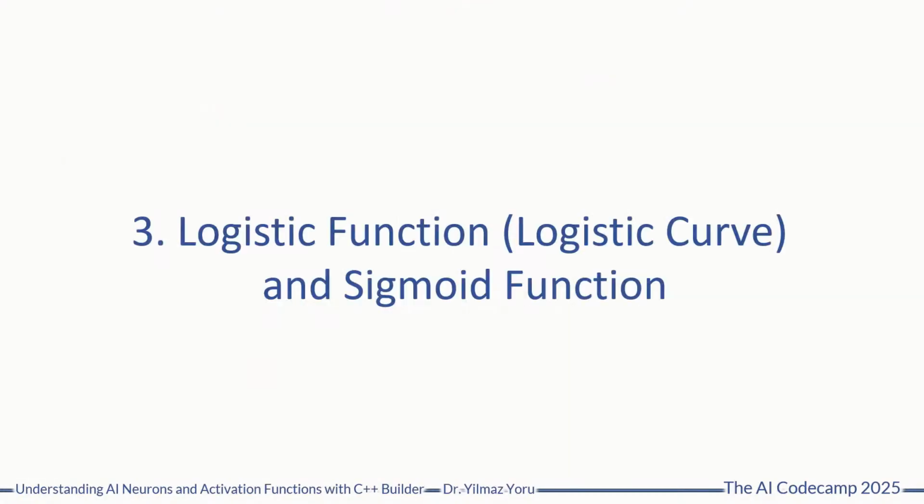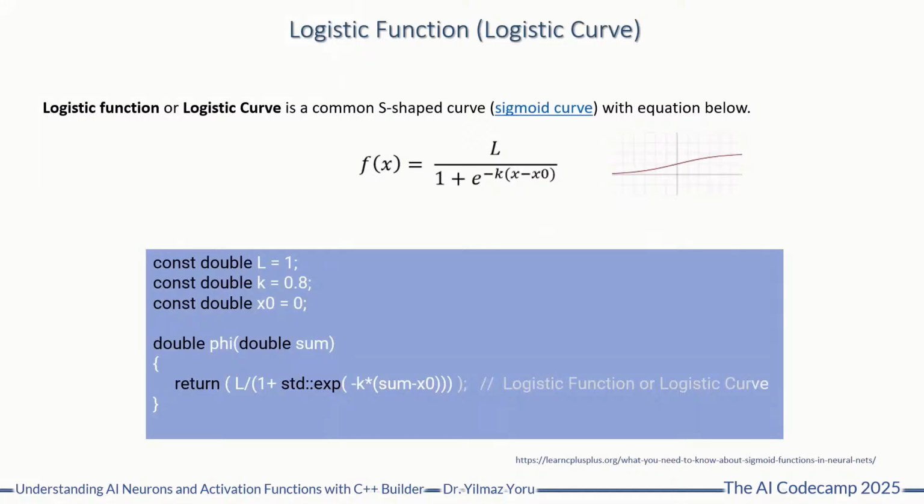Now the third one is the logistic function. The logistic function or logistic curve is the most common S-shaped curve. Also we mostly use the sigmoid function in this category with the equation as below. And here is a very simple example of the logistic function.